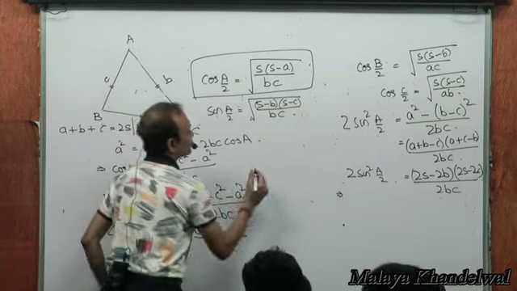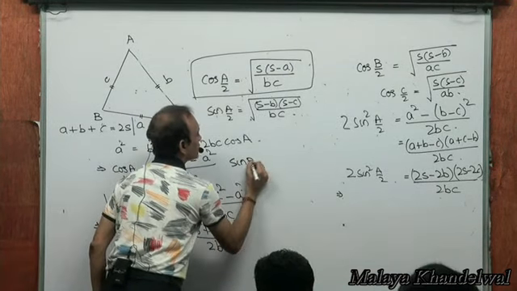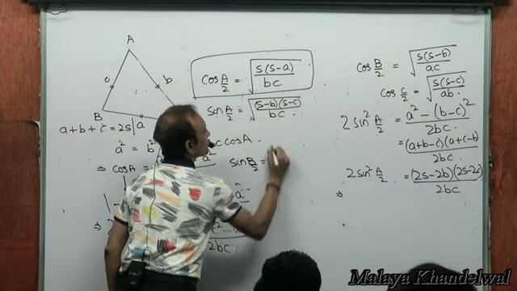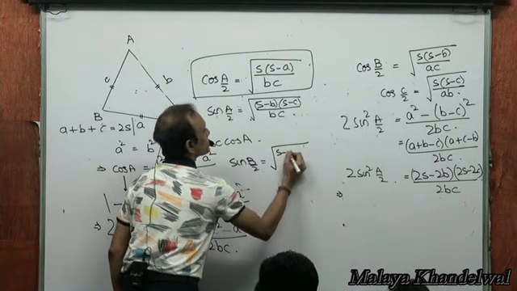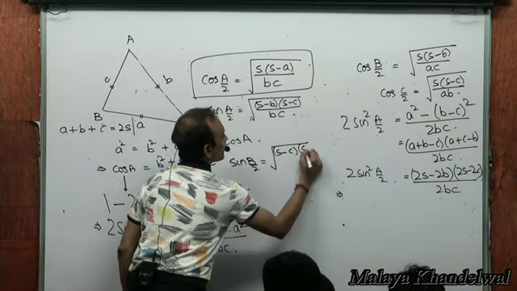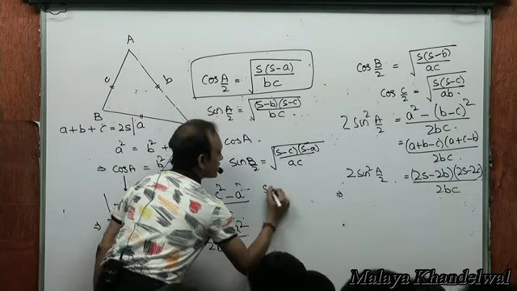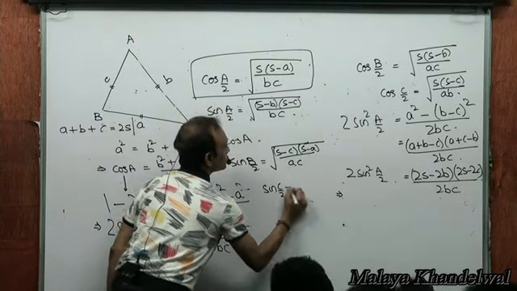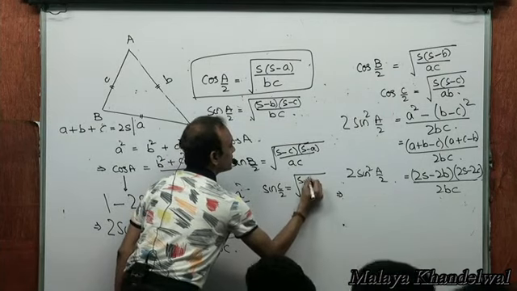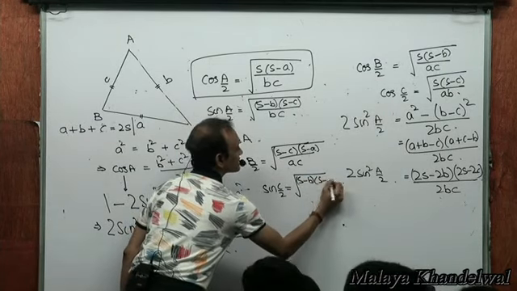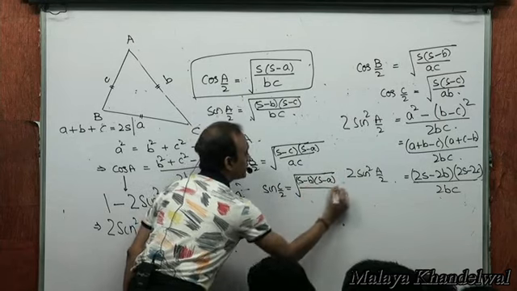Similarly, what would be sine B by 2? Sine B by 2 is going to be, from similar considerations, root of (s minus c) into (s minus a) divided by ac. What is sine C by 2 going to be? Root of (s minus b) into (s minus a) divided by ab.